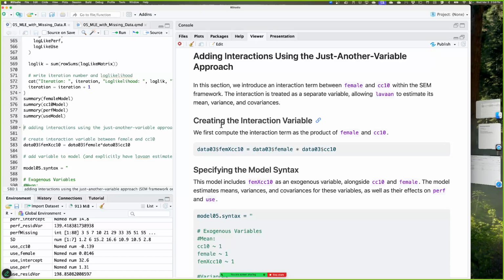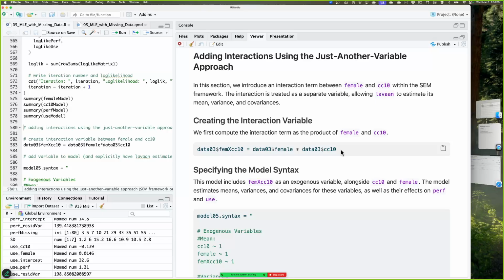So think of it this way. Interactions showed up in the book, and then there was a section about curvilinear effects or quadratic effects. A quadratic effect is similar to an interaction in that the quadratic is the variable times itself, right? Like an interaction of a variable with itself can be thought of in a quadratic sense.